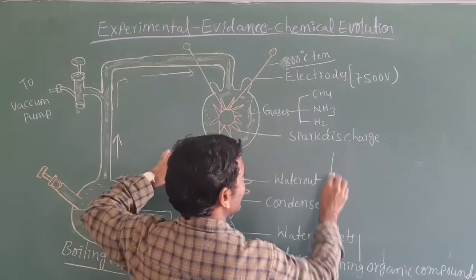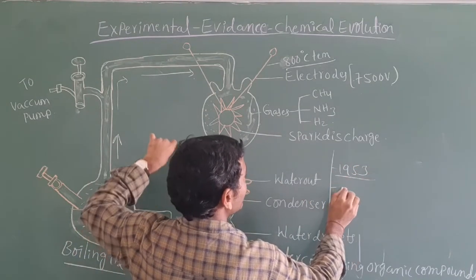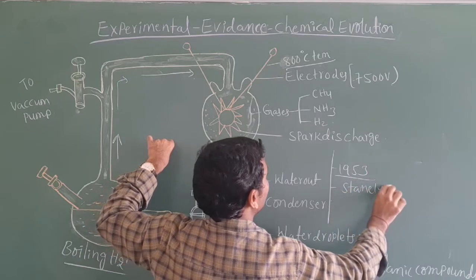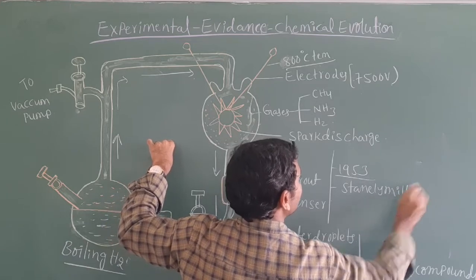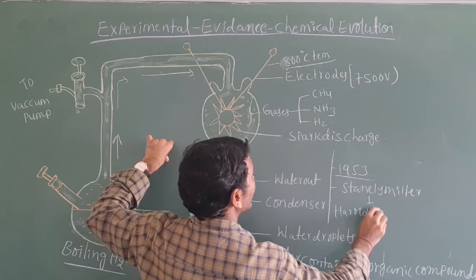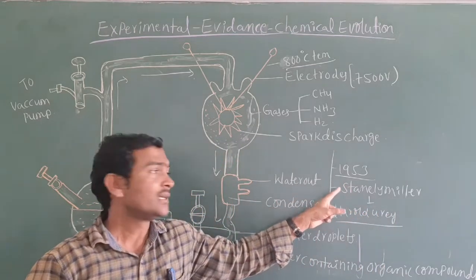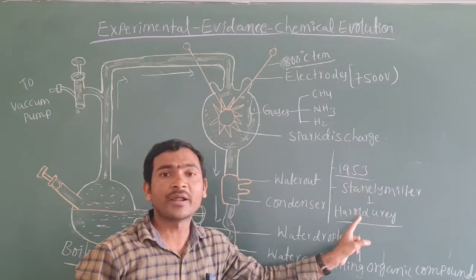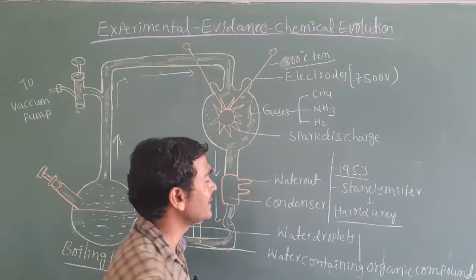In the year 1953, Stanley Miller, a graduate student of Harold Urey, and both of them conducted the experiment.